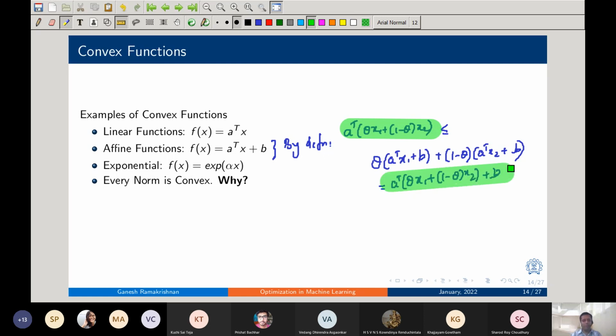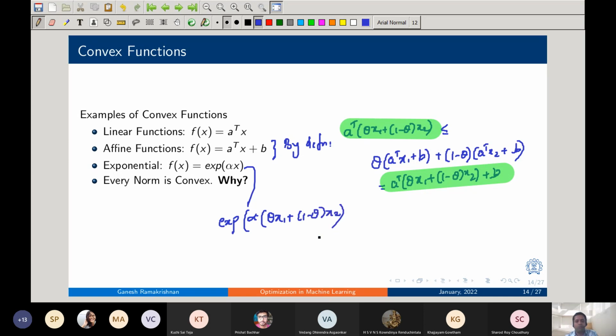Okay, but now you can do this for exponential functions as well. How would you prove that? Well, you have to do the same thing. Whatever I applied here, you have to do the same thing here. Take exp of alpha times the convex combination, theta x1 plus 1 minus theta x2.